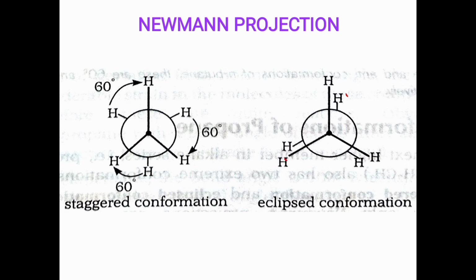That means we are able to see only one hydrogen from the top, and that is called eclipsed conformation. Here the hydrogens make some angle, so all 6 different hydrogens can be seen, or here only 3 hydrogens can be seen. You see here the twisting angle is shown as 60 degrees.